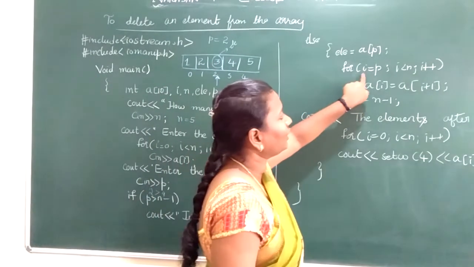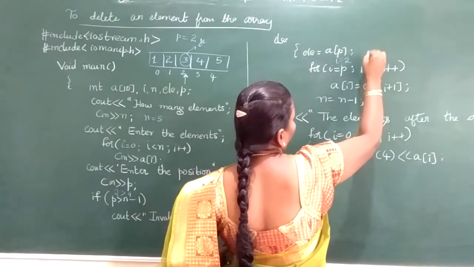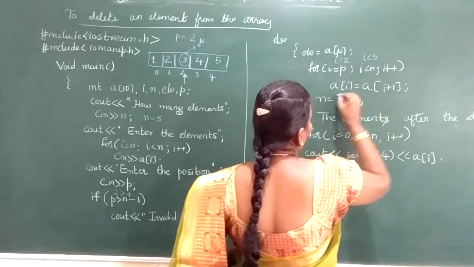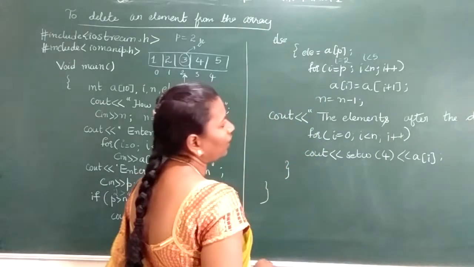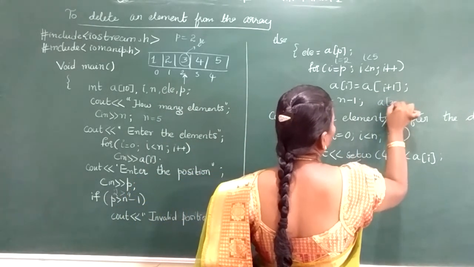So for i equal to p, what is your p value? 2. I is less than 5, since n value is 5. Now A of i plus 1: what is your i value? 2 plus 1, that is 3. A of 3 is 4, and I give it to A of 2.